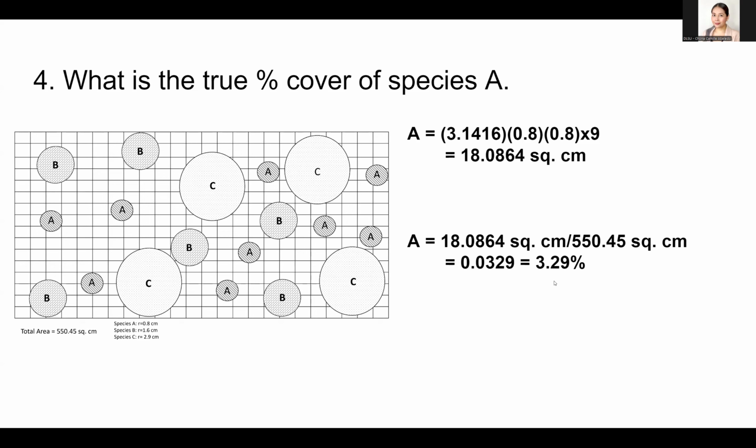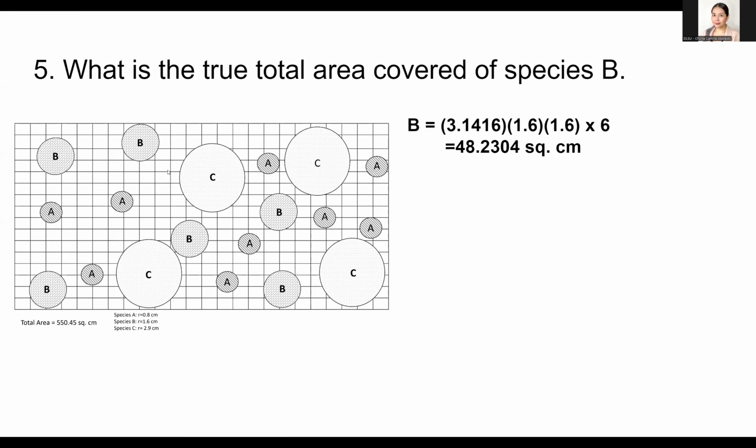Before I open it up to questions, I'll go through the connected questions first. Kasi yung question 5 is related. What is the true total area covered of species B? Since it's just total area covered, you don't need to get the percent. It's just pi r squared times number of individuals. B is bigger than A. Its radius is 1.6.